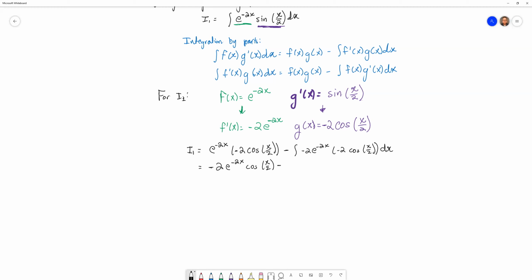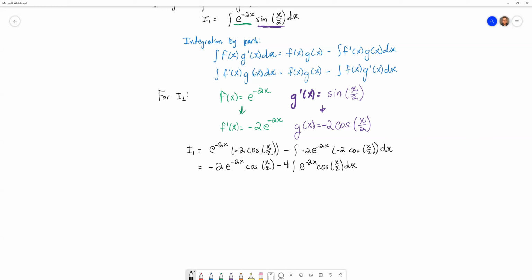Then we have a minus, a -2, and a -2. So there's 3 negatives there, so altogether that will stay negative. And then we'll take these constants out. So that's 4, then the integral of e to the minus 2x cos x by 2 dx.